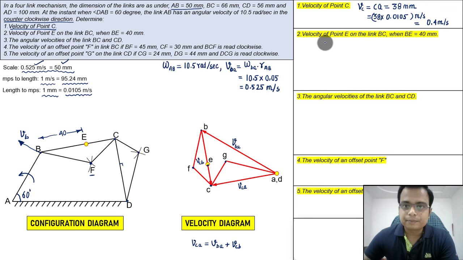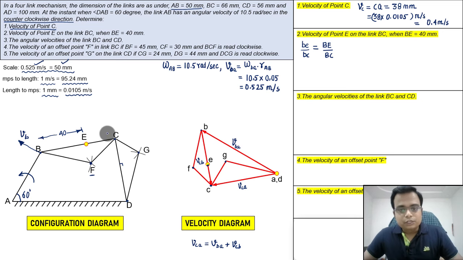Why am I telling you this? BE over BC is equal to, again, BE over BC in the configuration diagram. Now guys, what basically I've done, these two diagrams are proportional.